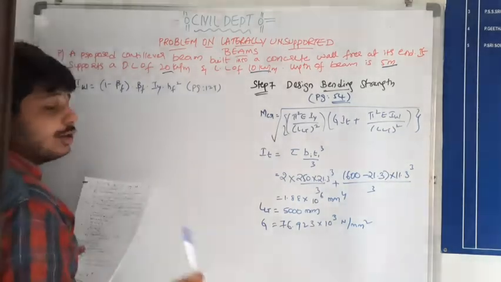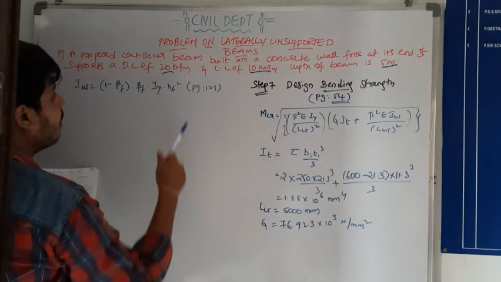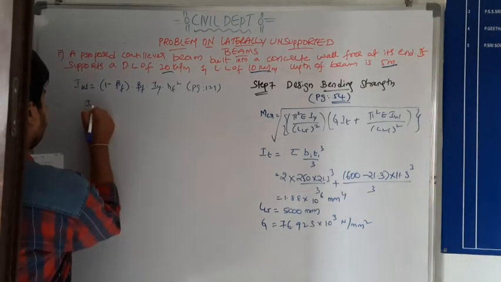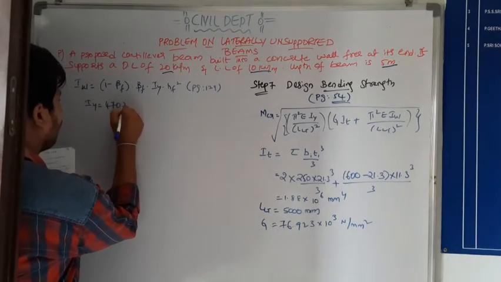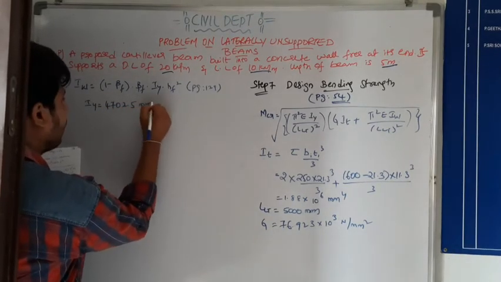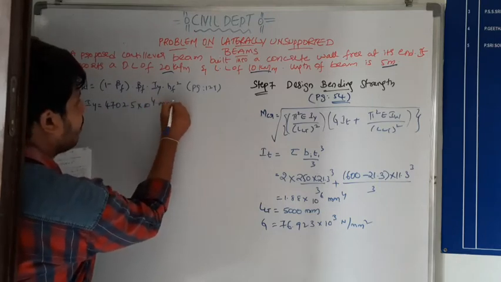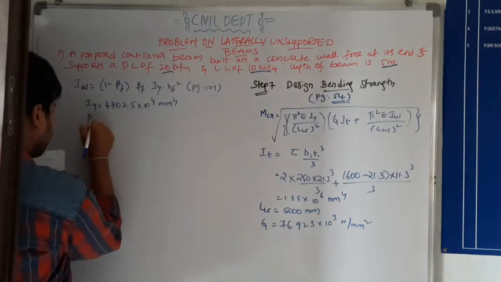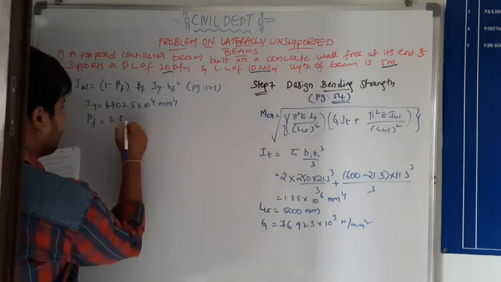Okay, page number 129. So here IY is equal to 4702.5 into 10 power 4 mm power 4, which is in the table book or code book. Next, beta F is equal to 0.5, which is constant.